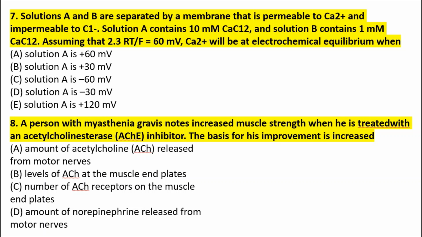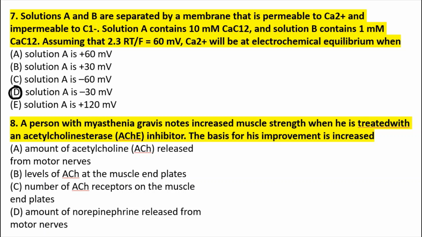Assuming that 2.3 RT over F is 60 millivolts, calcium will be at electrochemical equilibrium when A, solution A is plus 60 millivolts, B, solution A is plus 30 millivolts, C, solution A is negative 60 millivolts, D, solution A is negative 30 millivolts. So the answer here is this one. All right, so you need to know how to calculate the potentials there for solutions.